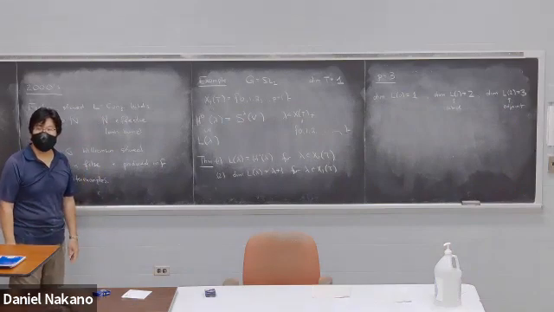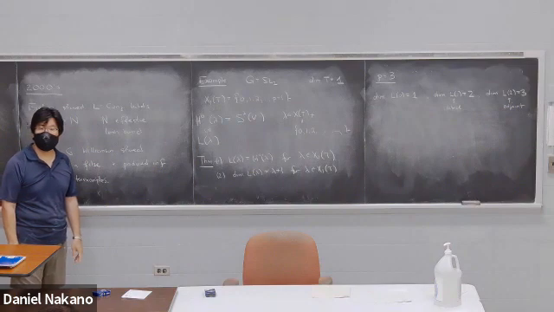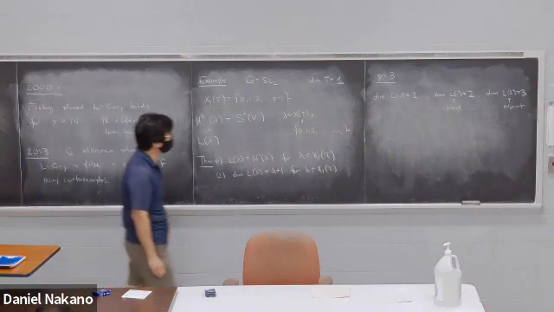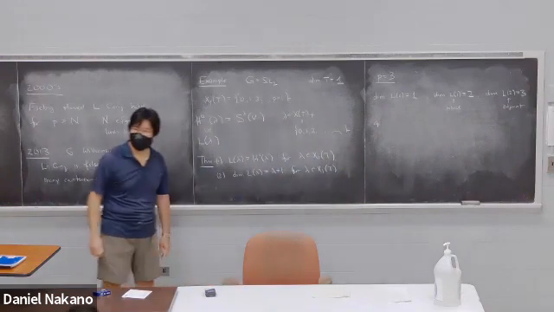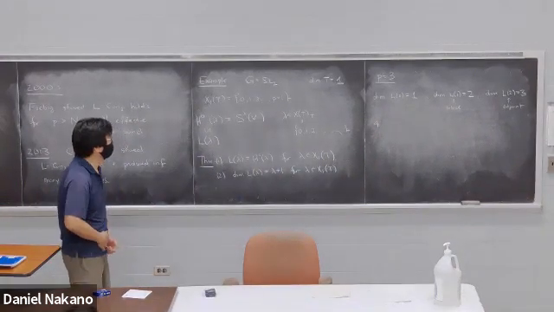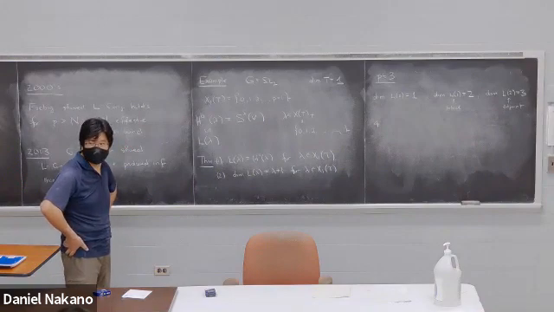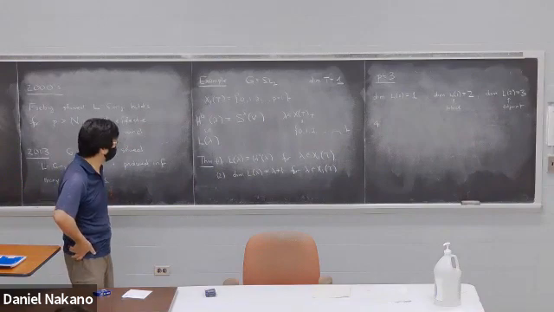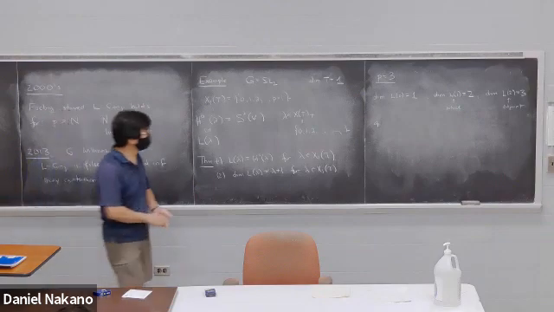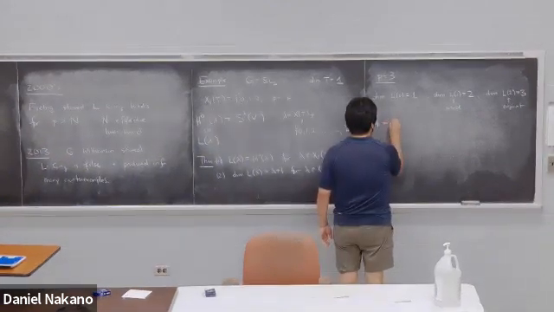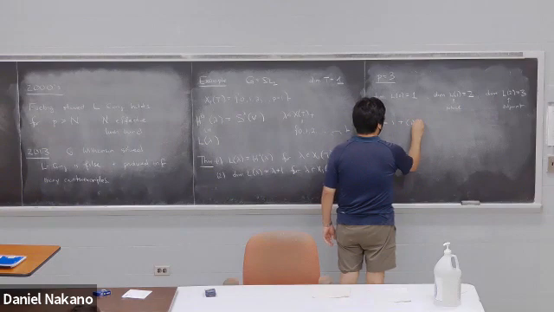Now, what's the dimension of L4? Anyone want to see how to do this? You want to apply the tensor product formula. How do you write 4 in terms of 3? 1 plus 1 times 3.